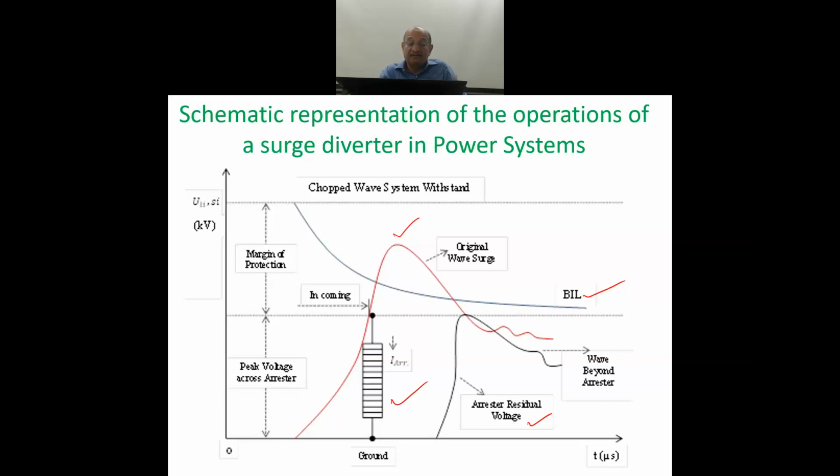And all these things have to be taken into consideration when we talk about insulation systems and the performance of insulation. We will have to consider not only the power frequency voltage, but also the overvoltages, lightning overvoltage and switching overvoltages.